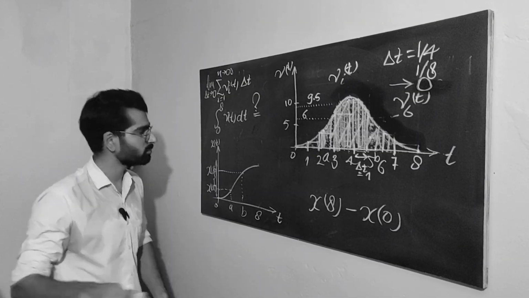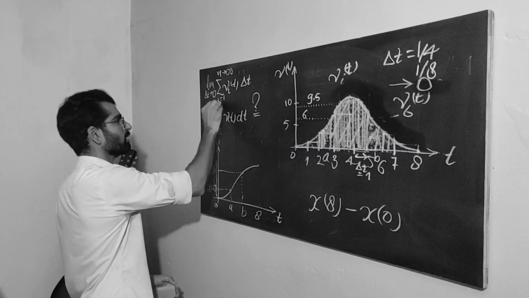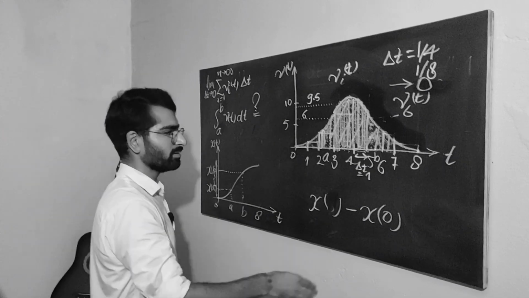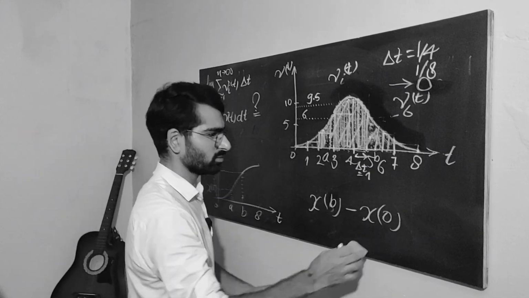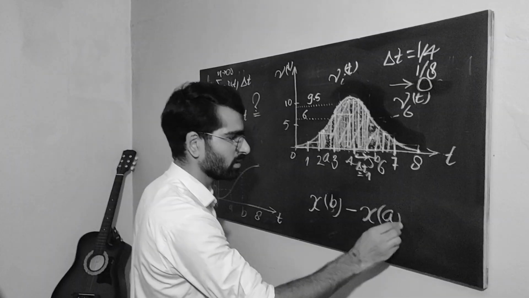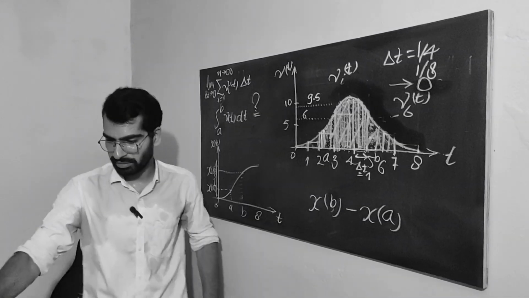So we go from A to B for that area, and this becomes the position at B minus the position at A, which gives you the distance traveled. This gives you area, this gives you distance traveled.